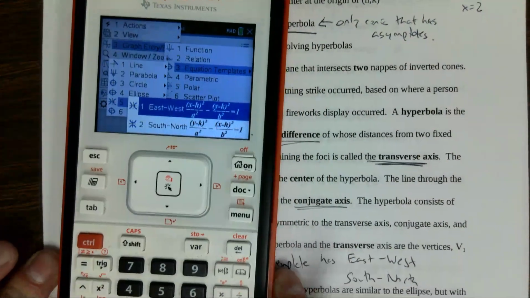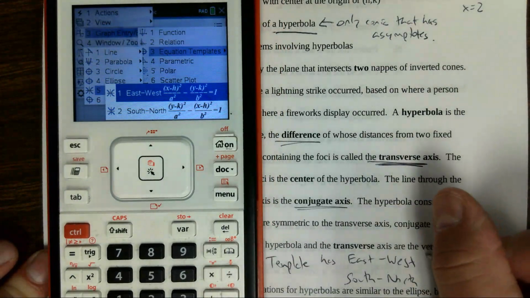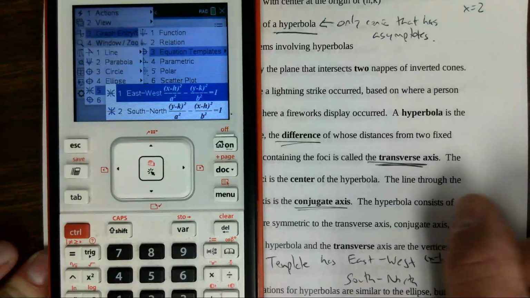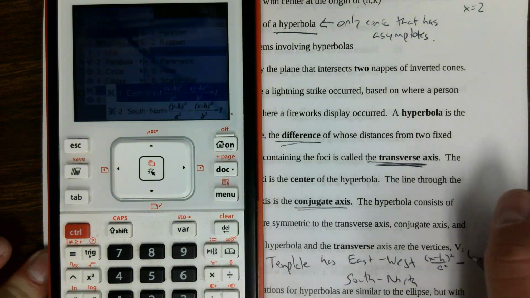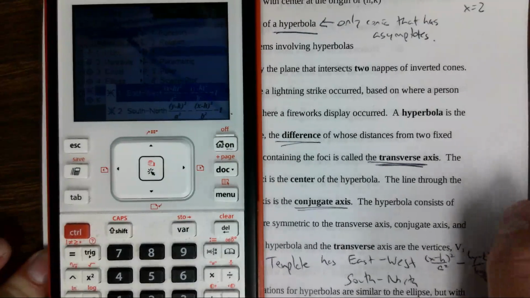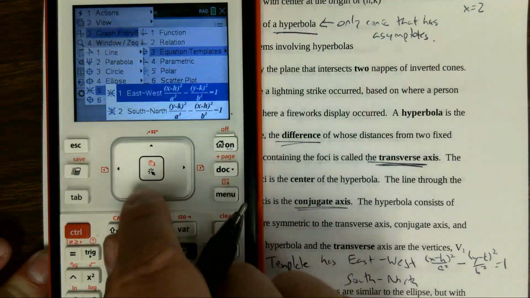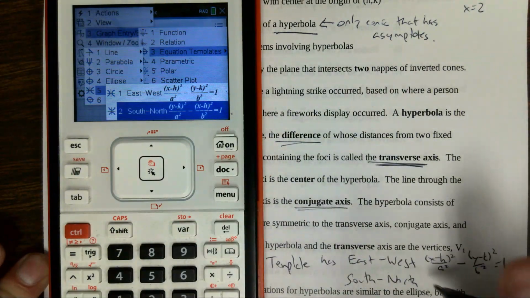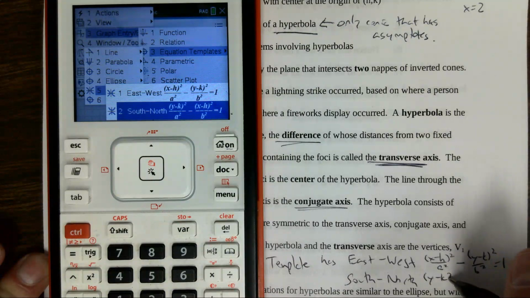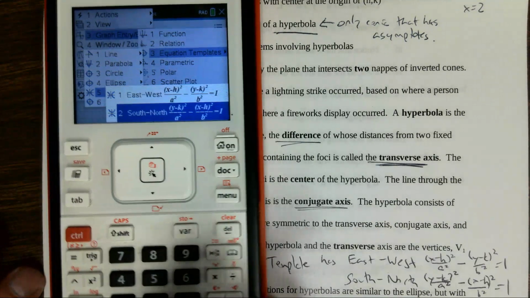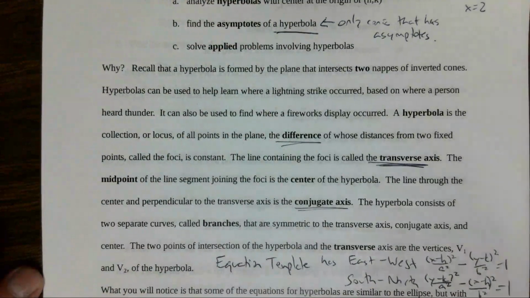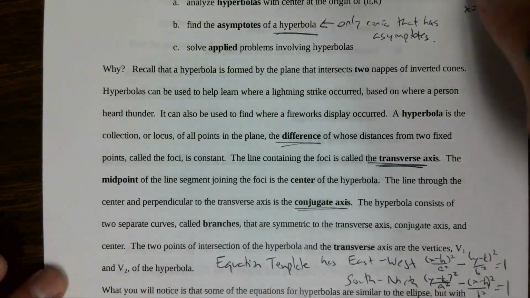So the east-west is x minus h squared over a squared minus y minus k squared over b squared equals 1. And the other one is y minus k squared over a squared minus x minus h squared over b squared equals 1. So these are slightly different than the ellipse ones.